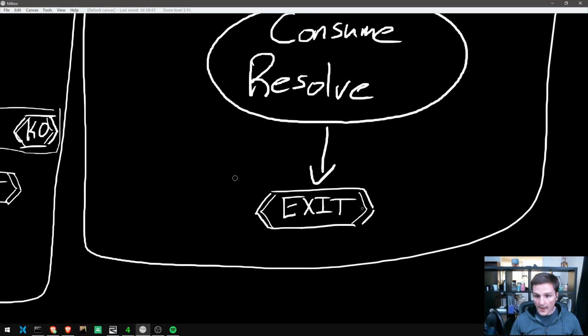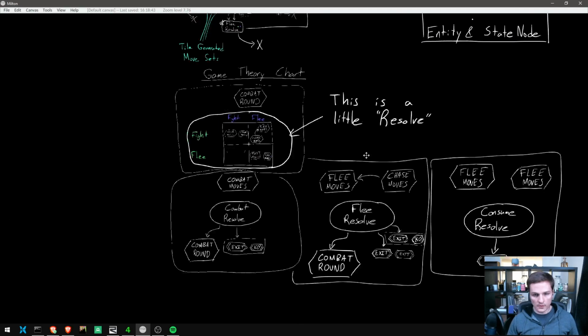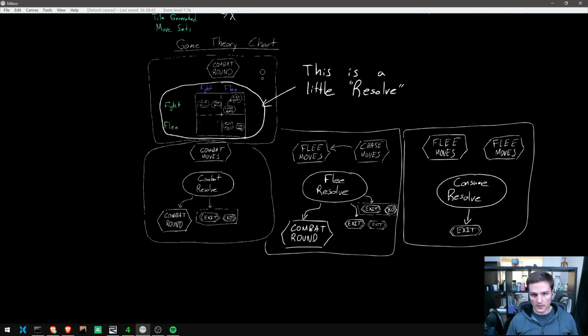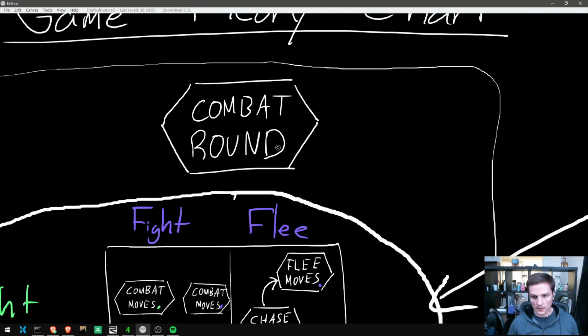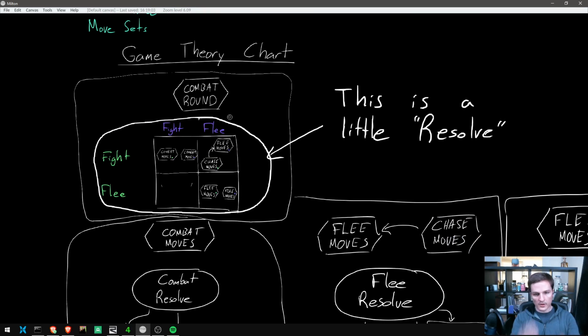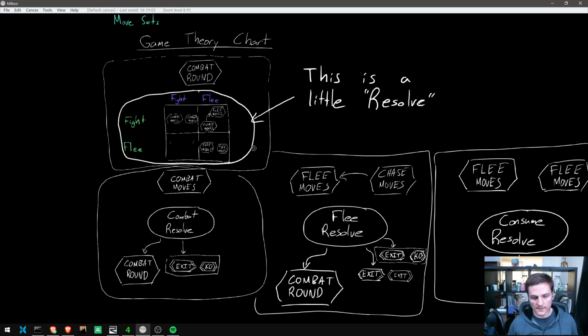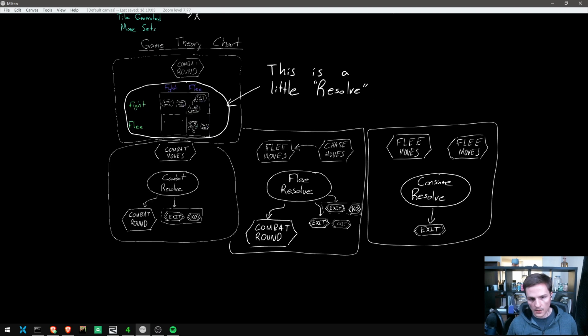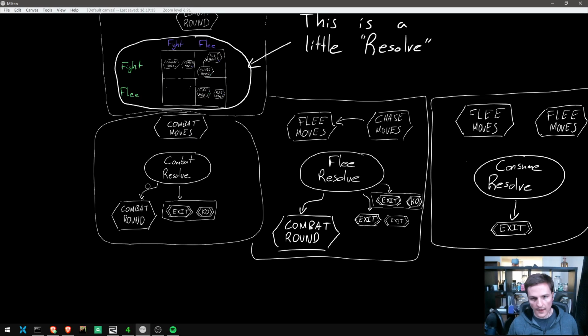So I think basically what we're saying is this whole thing is like a flowchart where it's initially going to be right here with both. It's going to be at combat round as the initial state. Two parties dropped in at a starting point that is symmetrical. Then they play out a game which updates their state, and that state then brings up a new game.